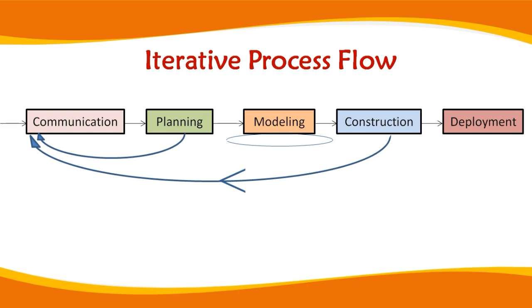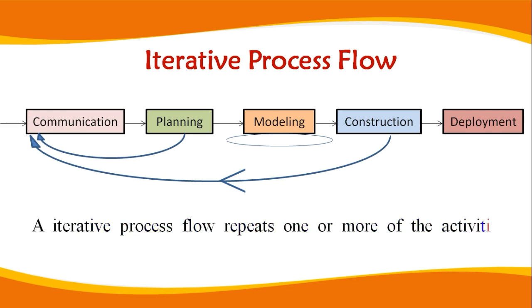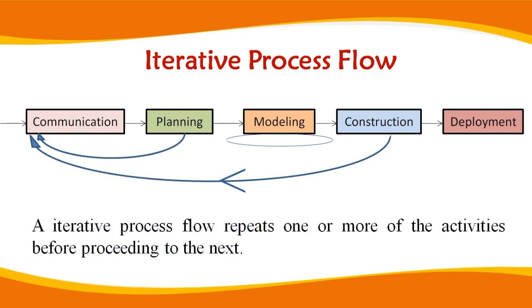So this is an iterative process flow. In each phase, iteration is there. So what is iterative process flow? It repeats one or more of the activities before proceeding to the next activities. That means a loop is executed between every phase, called iterations or iterative process flow.